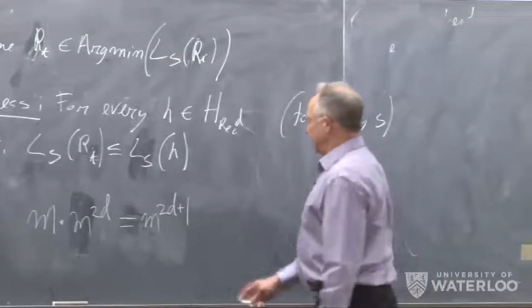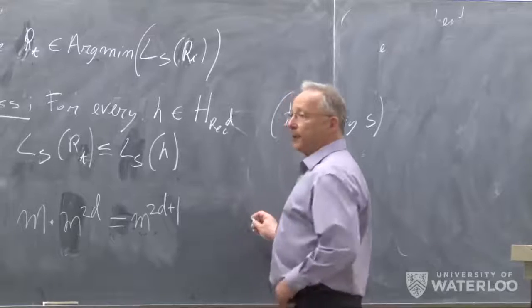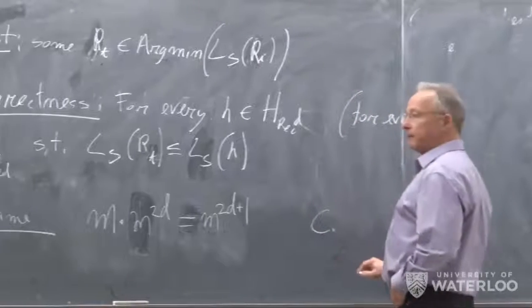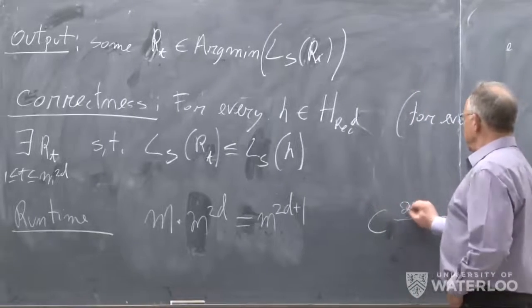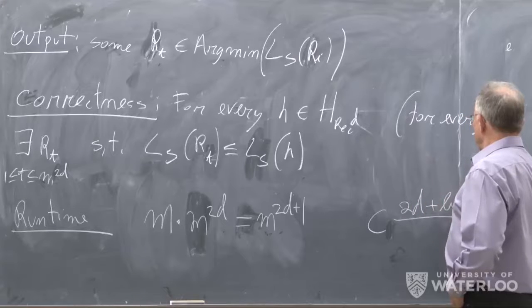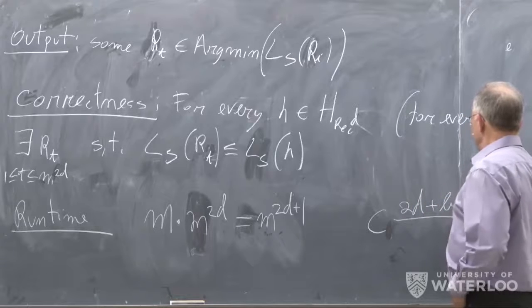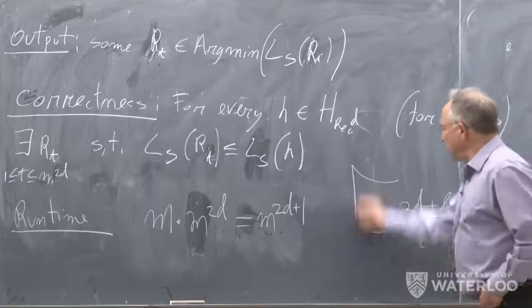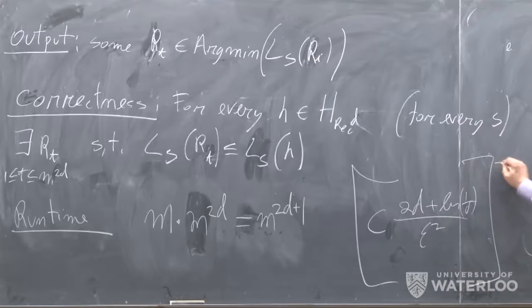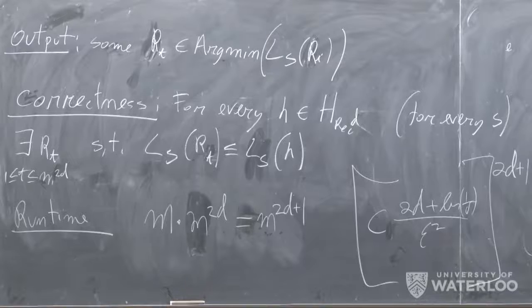This m is the sample size, and I get a runtime which is some constant times 2d plus ln 1 over delta, divided by epsilon squared, all of this to the power 2d plus 1. So that's the bound that I got. Yes?